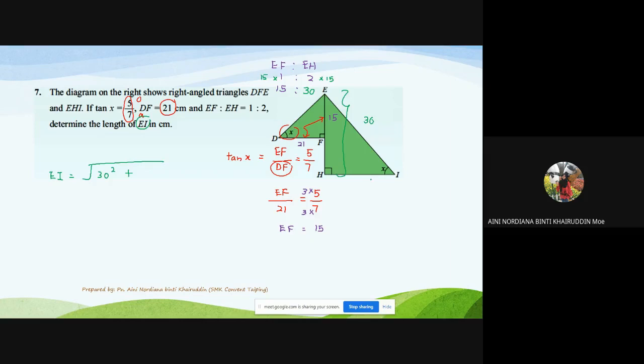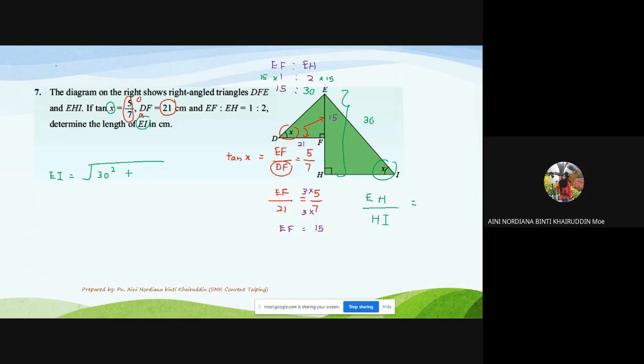You have to determine HI first by using the same X here. Okay, this is also X. So tangent X is opposite over adjacent. Opposite of this X is EH over the adjacent, which is HI.